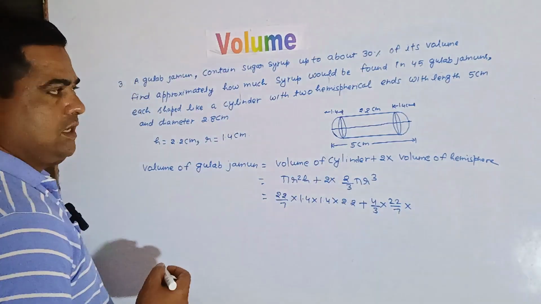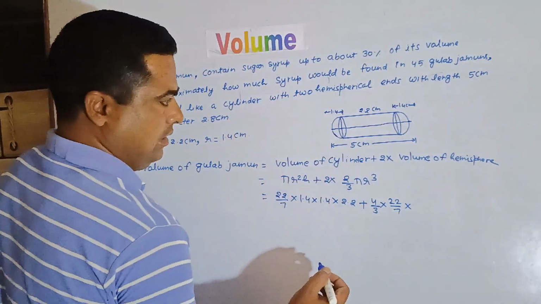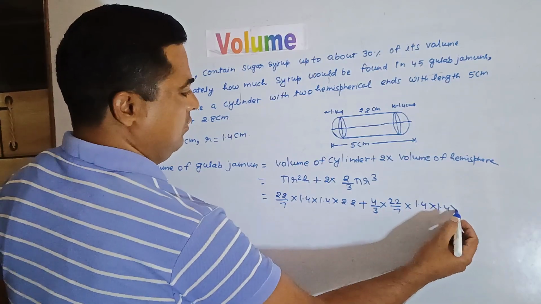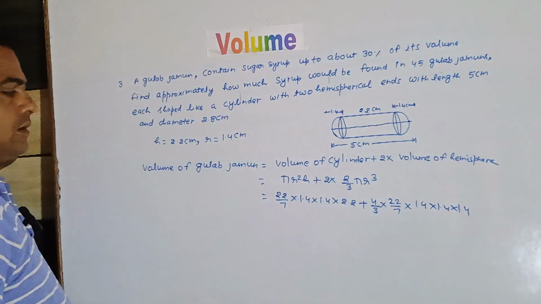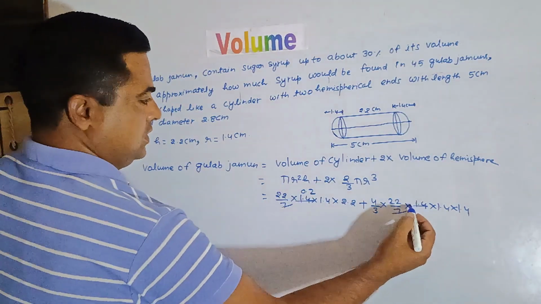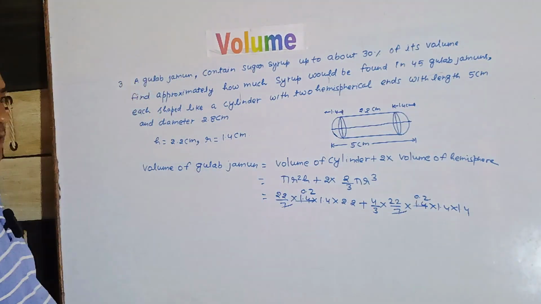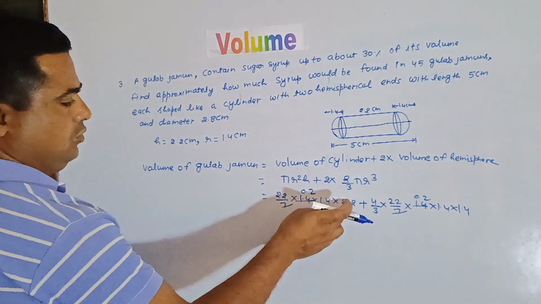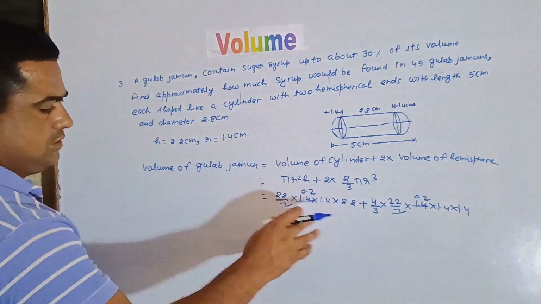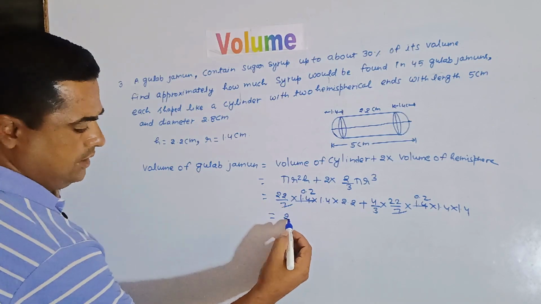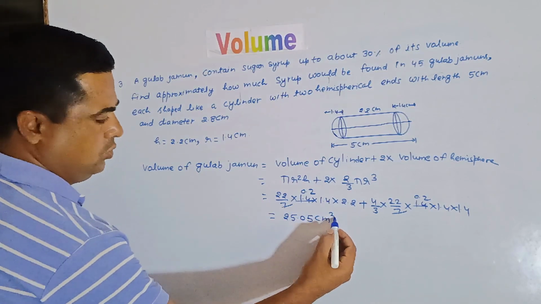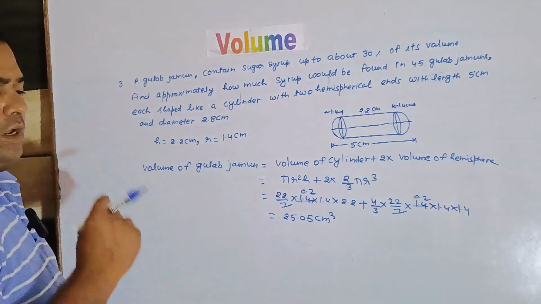The radius of the cylinder and hemisphere is the same, this is 1.4 cube, meaning 1.4 into 1.4 into 1.4. Now 7 into 14 is 0.2, 0.2. After calculating, we multiply all the numbers and divide by 3. After solving, we get 25.05 centimeter cube. This is the volume of one gulab jamun.